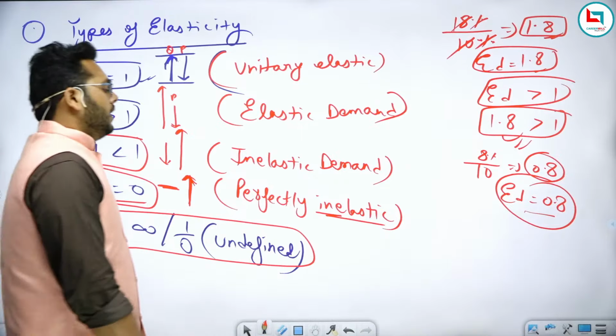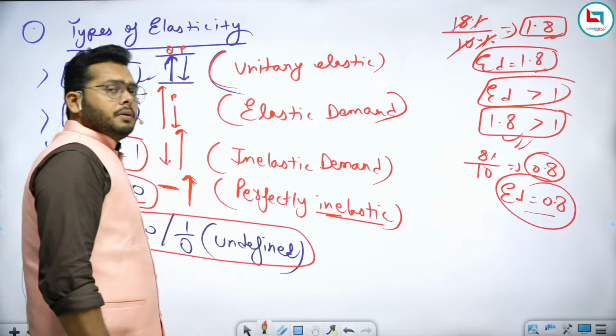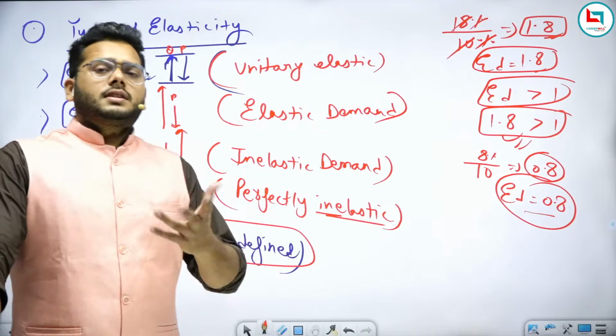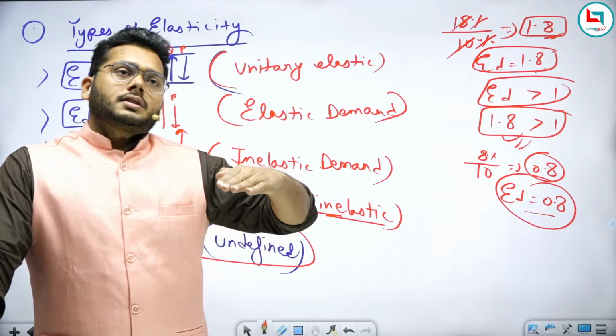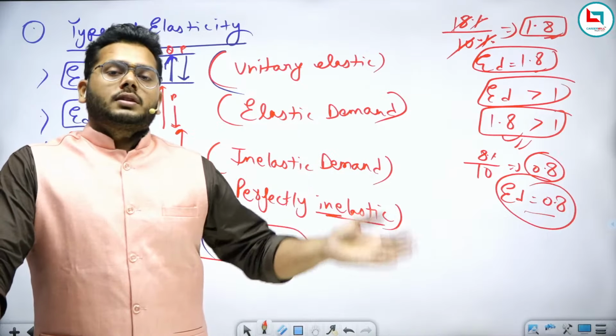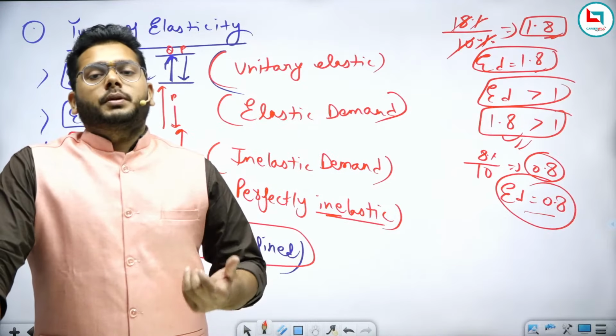This is undefined. It means whatever change is happening in the demand doesn't depend on the price. The price is the same, but still sometimes you are buying more, sometimes you are buying less as per your need.